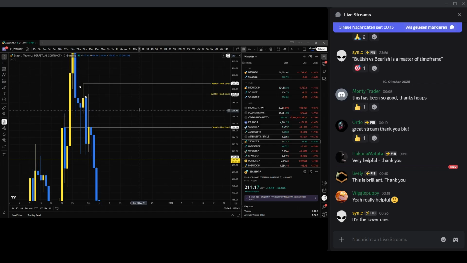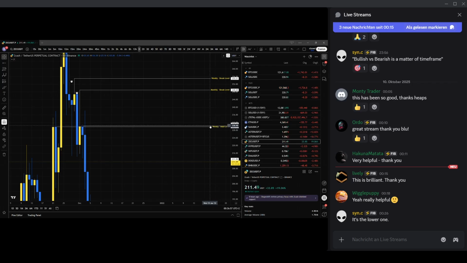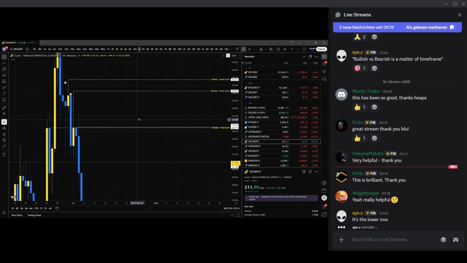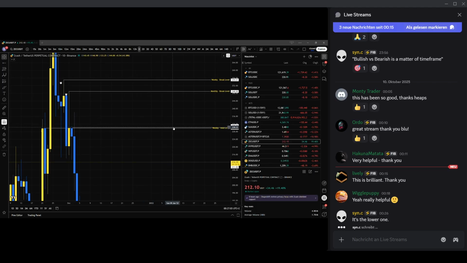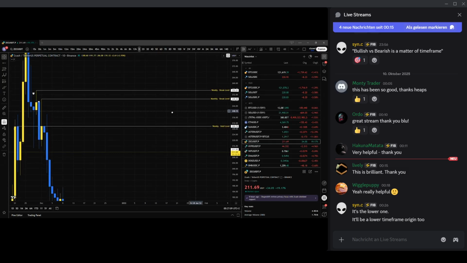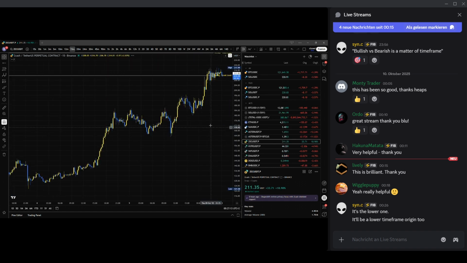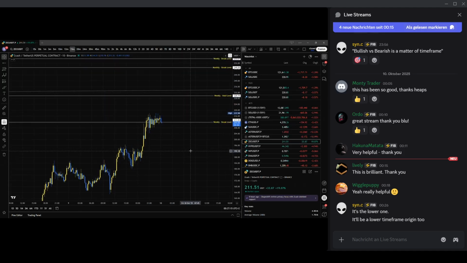Okay, thanks. So this is the break level, or even on the daily. So you have a weekly hold level and the daily break level or origin, and yeah, it's definitely worth the short if it goes here. Big if.